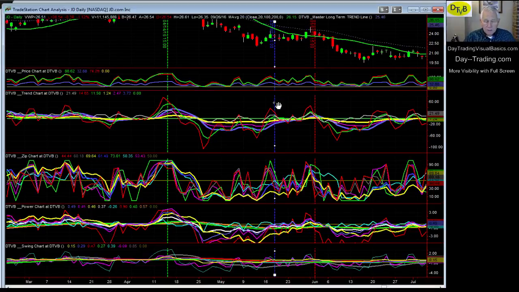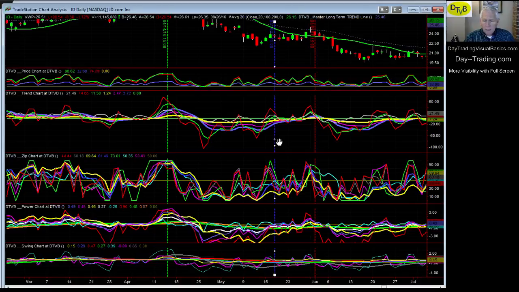But in any case, we also have a one-day red-green pattern on the day before the blue vertical line. In this case, we have 5, 6, 7 days of congestion where the price is just flat. And if you look at the two lines and try to figure out what we've got, one of the things that sticks out in a big way is the location of the zip yellow line.